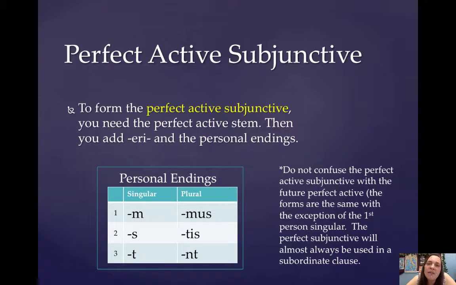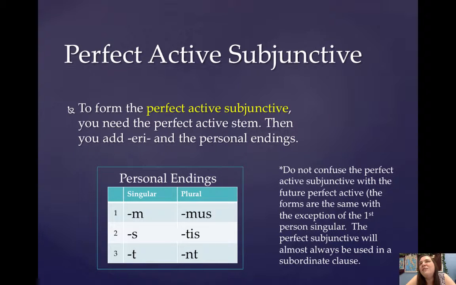So if you have the perfect active subjunctive and it's in a purpose clause or any of the number of clauses you're going to be learning over the next couple of months, including but not limited to the indirect question, which you're learning in this chapter in a later video, or result clause, cum clauses, any of those clauses, that's where you're going to see perfect active subjunctives. That is not where you're going to see any indicative, much less the future perfect active indicative, okay?